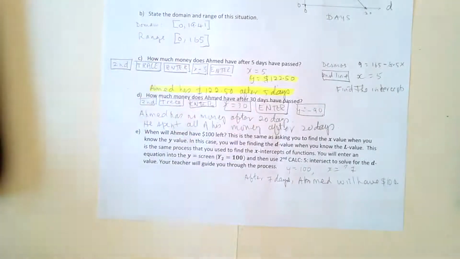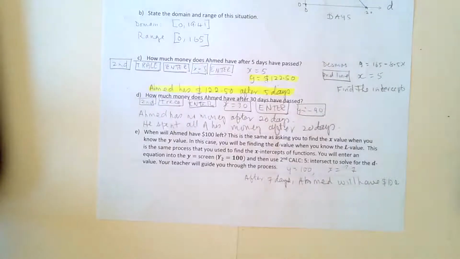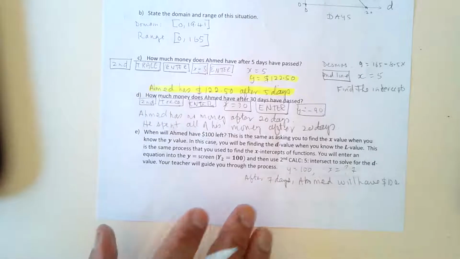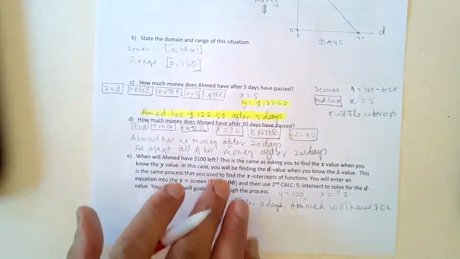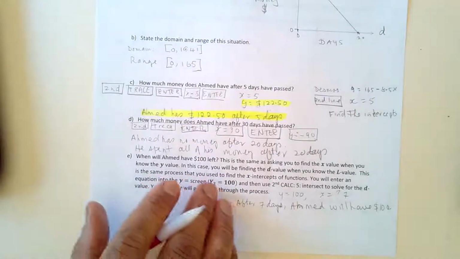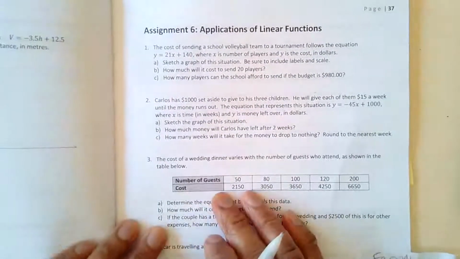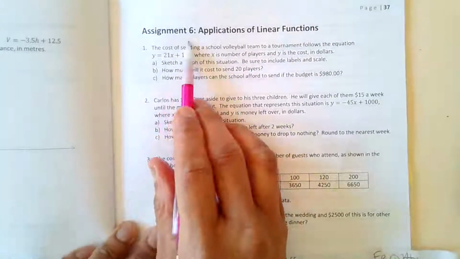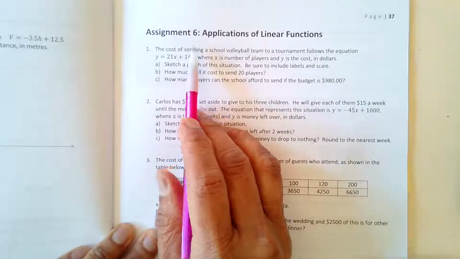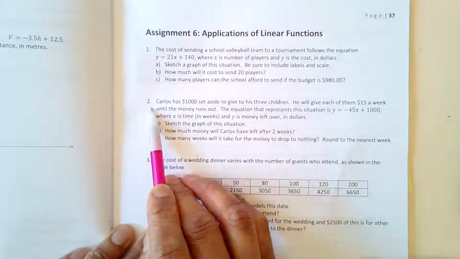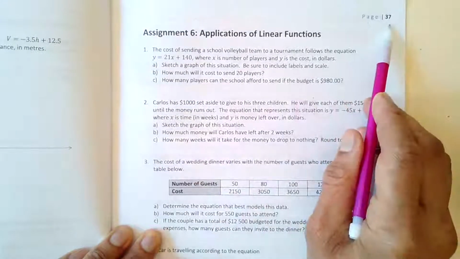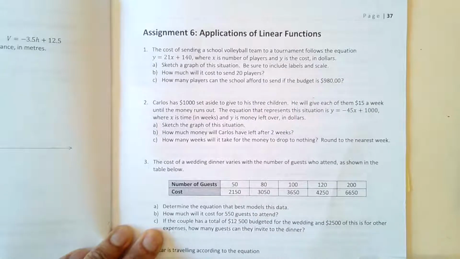So your task now is to go to your assignment number 6, and try the practice questions. Try questions 1 and 2 on page 37 in your booklet.